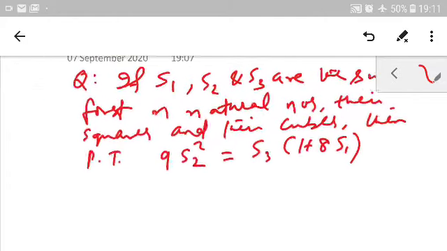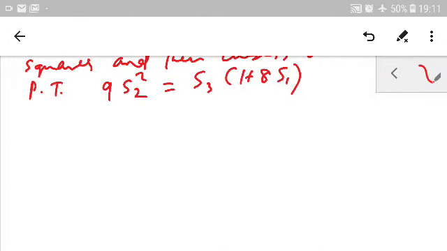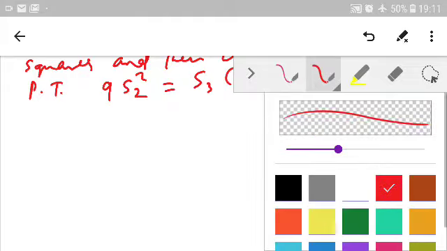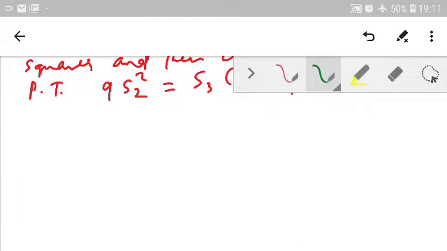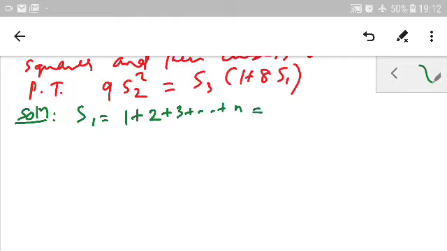So here I have to see the question like this. Look at this. The solution is going like this. Here it is given S1, the sum of n natural numbers, that is 1 plus 2 plus 3 up to n, which is given by n into n plus 1 divided by 2.